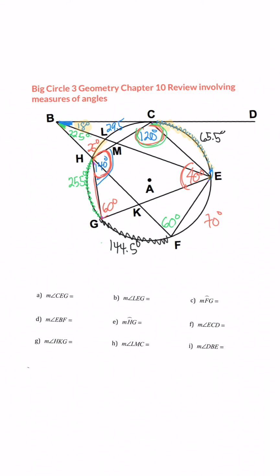Let us first answer as many questions as possible because we have labeled so many things in our diagram. So, measurement of CEG is 40 degrees.